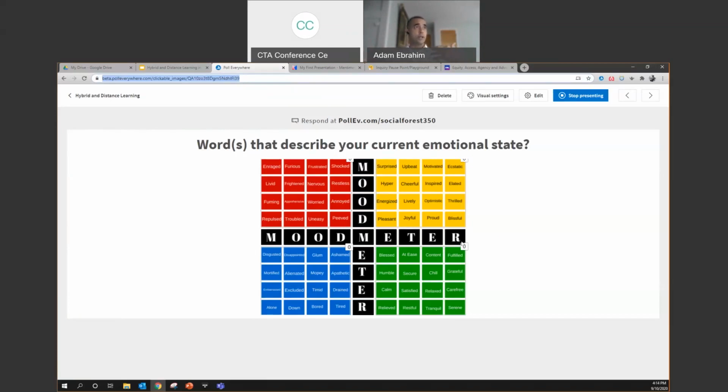From a teaching social emotional learning perspective, this is a great way to start to map some language to those internal states that students are experiencing. From a teacher perspective, it's a good way for you to get some data on how your class is coming to you that day. And so is everybody able to access that?